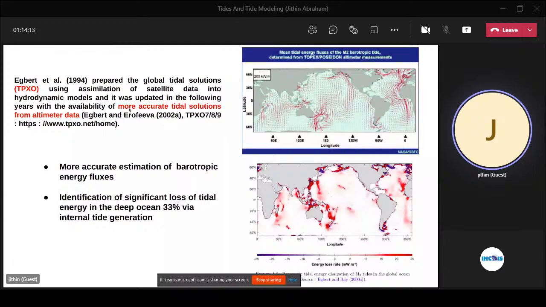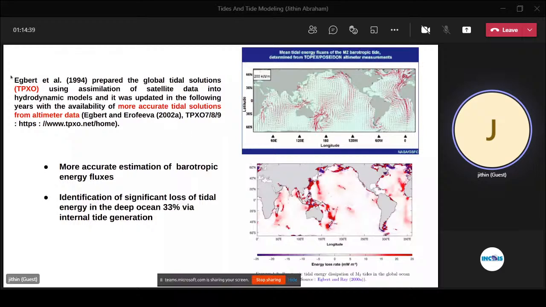I think the current version is TPXO 11 or 10; it is not given here. You can download that data from the official site of the TPXO tidal model.